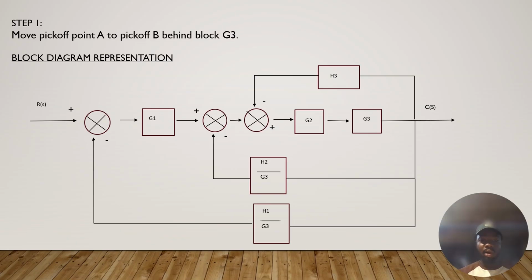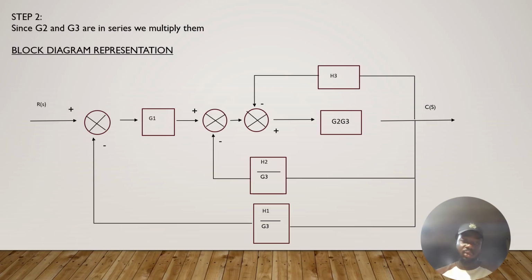After moving the pick-off point behind G3, to make the whole block equivalent to the previous one, we divide G3 by H2 and H1.